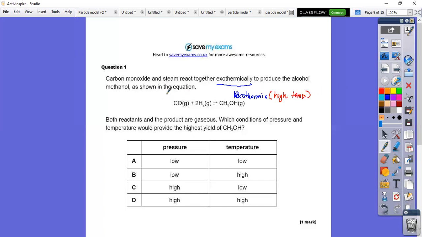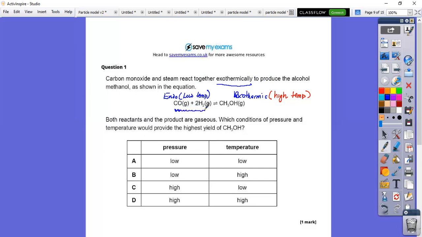And endothermic, which is the reverse reaction, I want you to think about it as low temperature. So if you increase the temperature, it's going to want to go in the direction of low temperature, which is this side.